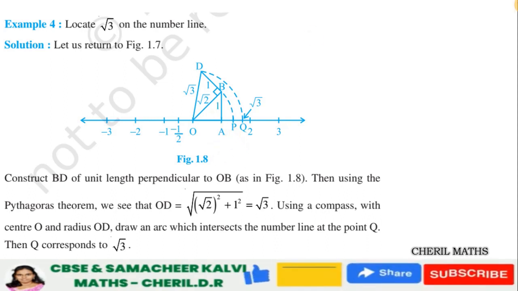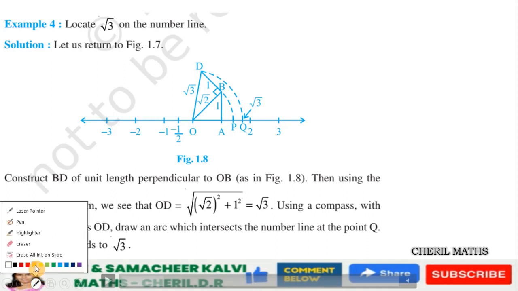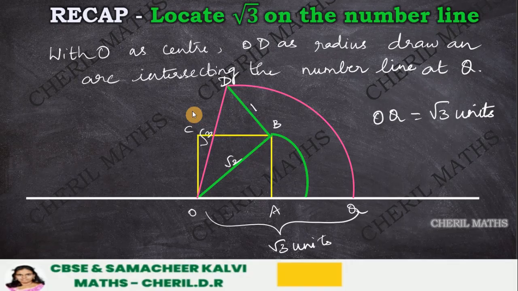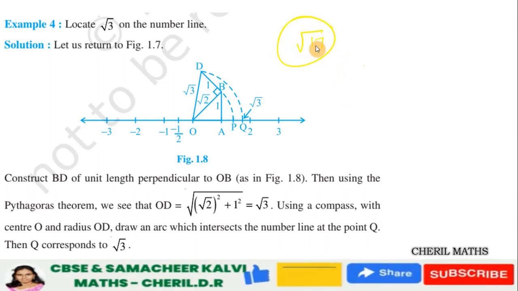Not only for this, you can also do the same for other numbers. So if you have root 5 or root 17, for everything you can do this. If you have root 17, you can write it as 16 plus 1.